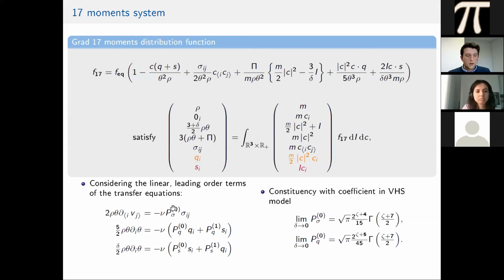Here I only extract the equations for the stress and for these two heat fluxes. These equations are linearized, and I consider only the linear leading order terms. From these two equations, we can extract the heat conductivity, and from this equation, we can extract the shear viscosity. And an important thing is that thanks to this factor, all these coefficients go to their values like in the monatomic Hartsfield model.